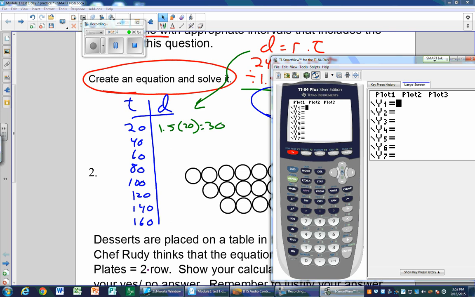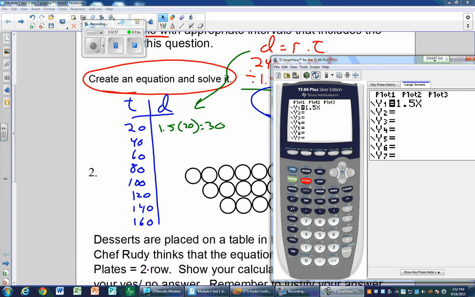See that? It's the red one right now. I type in the equation d equals rt. Well, we don't have a d, it's a y. That's the dependent variable. The rate we already know is 1.5, and t is there.